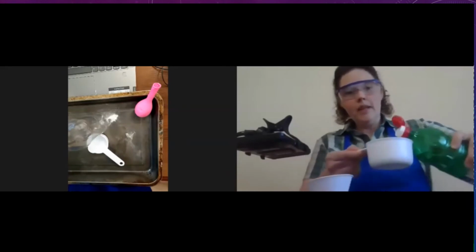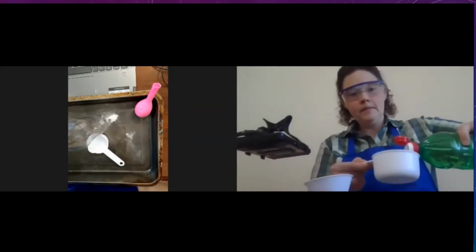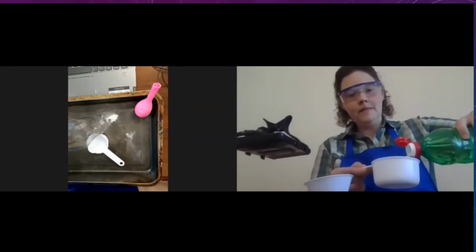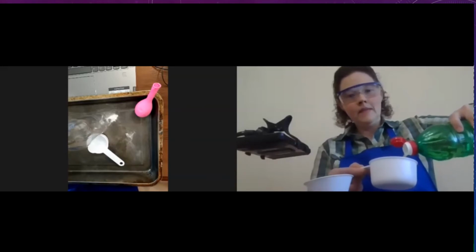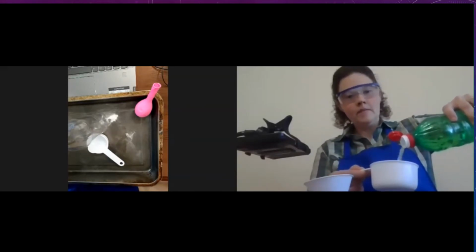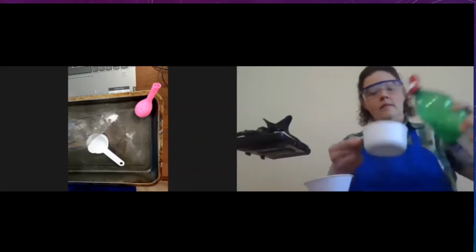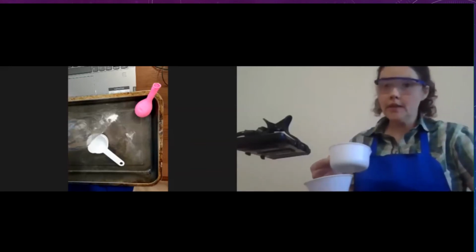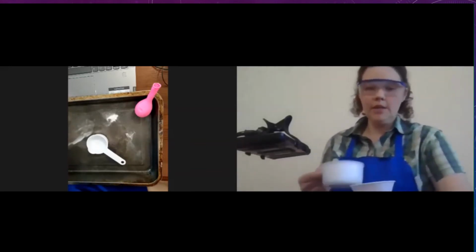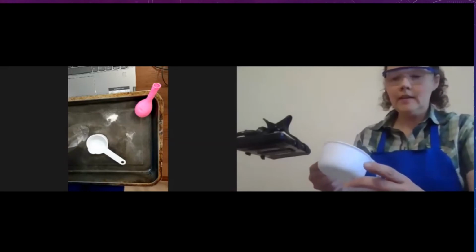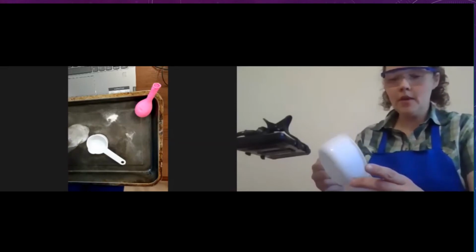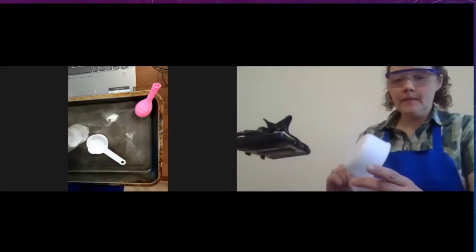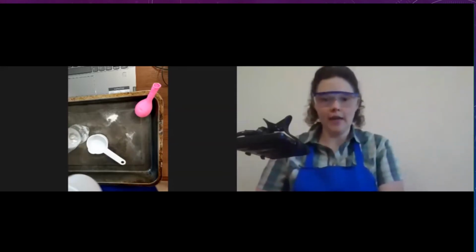I'm going to pour in the vinegar. I'm going to close the vinegar so it doesn't spill. Now I'm going to pour it into my bottle through the funnel.